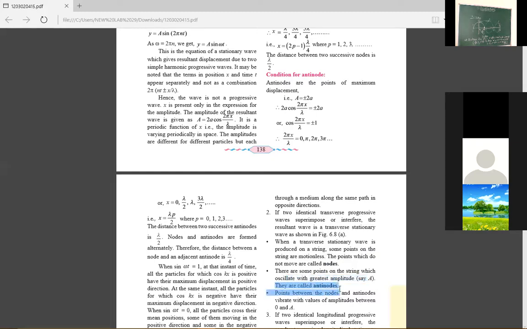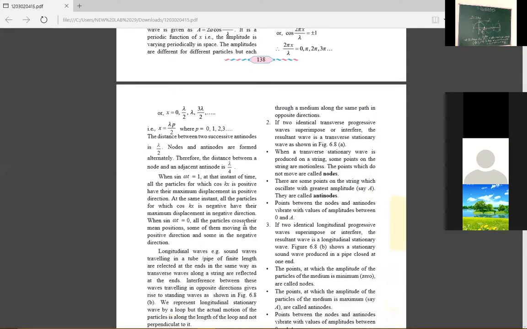They are called antinodes. Okay. Next point. The points between nodes and antinodes vibrate with values of amplitude between 0 to A. So those points lying between nodes and antinodes can vibrate with amplitude between 0 minimum and maximum amplitude.